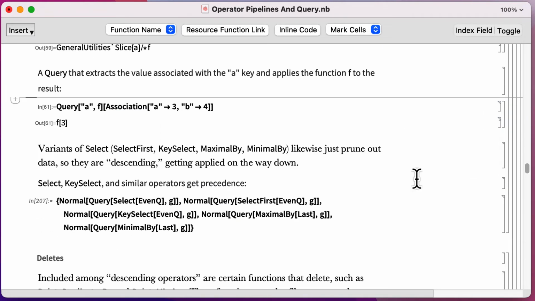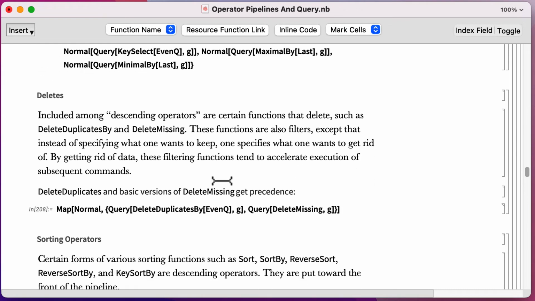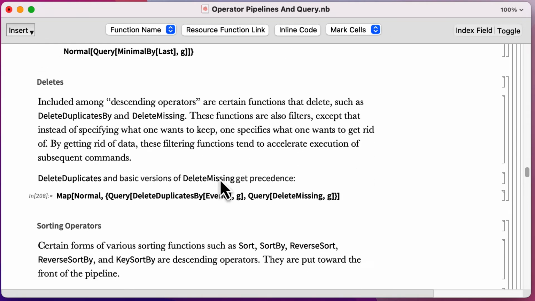All right. There are variants of select first, key select, that are also descending. What else is descending? Deletes. If you have data that you want to get rid of, you might as well get rid of it first. And so various functions that delete tend to be descending operators. Here I'm going to delete duplicates.